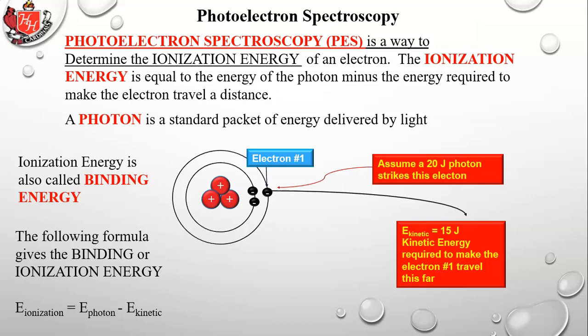So that electron had 15 joules of energy flying away. You don't have to understand how they measured that or how they figured that out. They're just able to know that. So the 15 joules of kinetic energy is required to make the electron number 1 travel this far. So how far the electron flies will tell them how much energy it had.